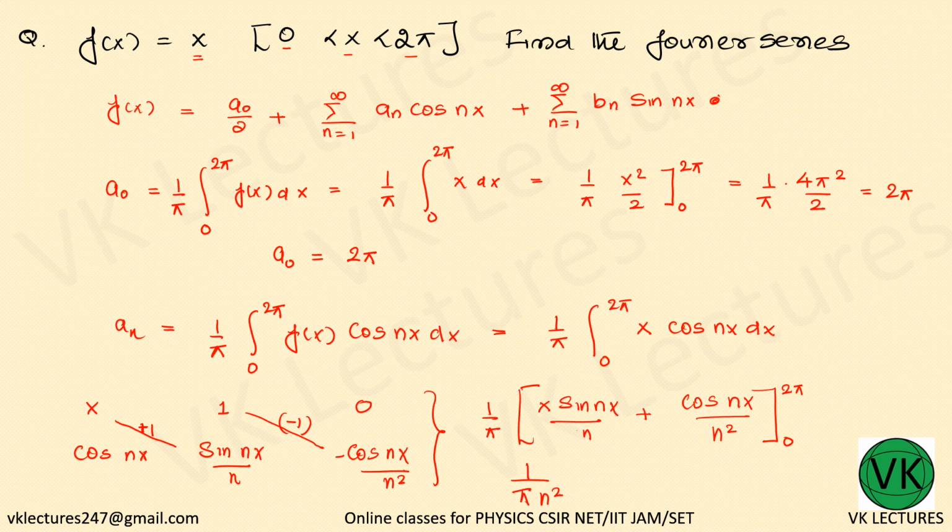Both are even multiples, so cos 2n pi is 1 and cos 0 is also 1, so 1 minus 1. So this implies a n equals 0.